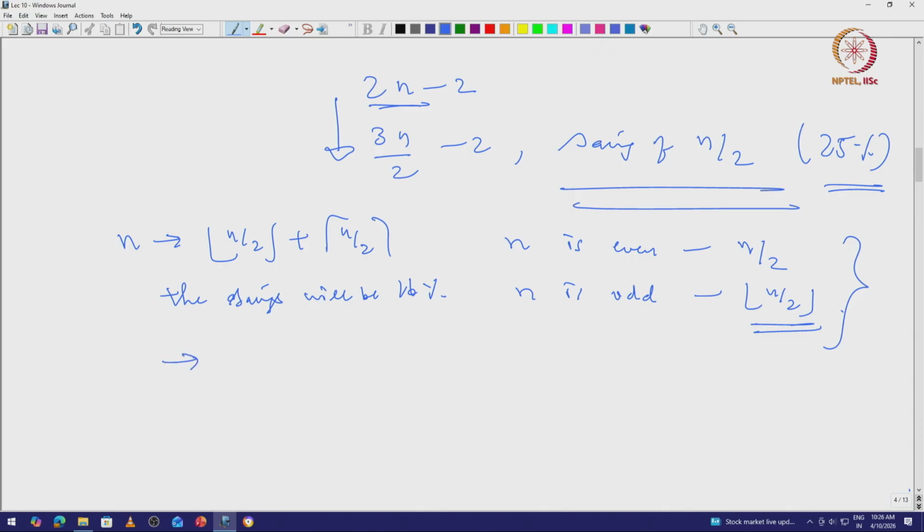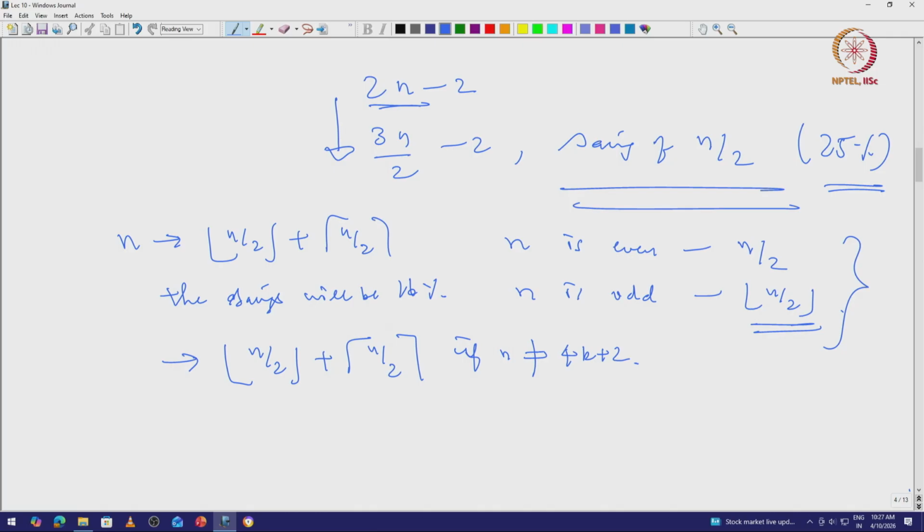But if you split n in the following way, what is the way you are going to follow? You are going to split like this: floor n by 2 plus CL n by 2 if n is not of the form 4k plus 2.